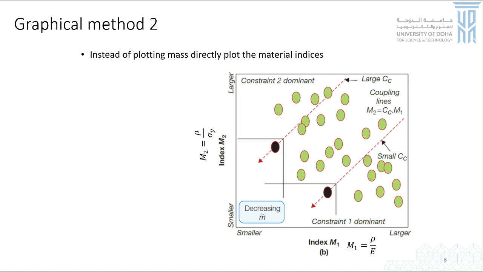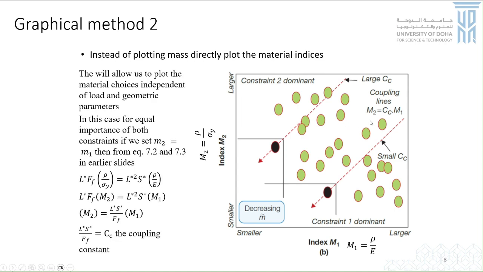So it doesn't really matter whether for that particular set of numbers you can just simply compare this rho over E. And then you can define a coupling constraint between your M2 and M1, and in this case you can find the value of this coupling constant.